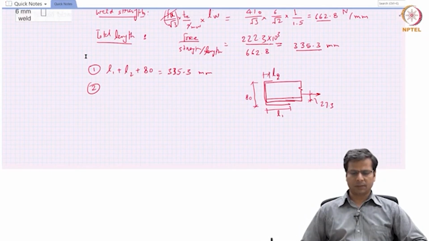And what we would do is, if we take the moment about this point, the point that is shown here, for all the forces. So the contribution from the length L1 will be 0 and we will take contributions only from the other two welds. So L2, which is at a distance of 80 millimeters from this axis, plus 80 millimeter length, which is at a distance of 40 millimeters, half of the total length.